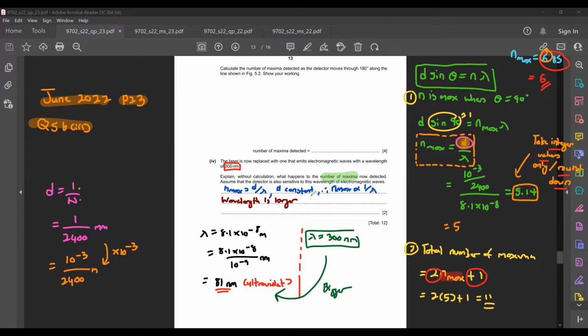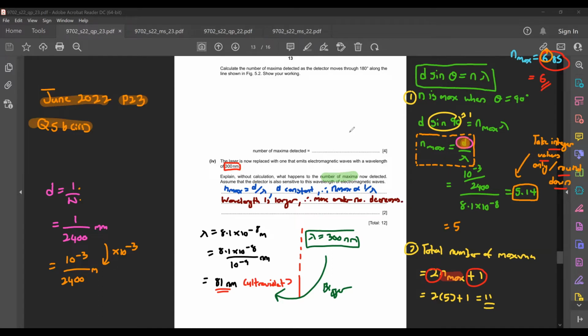The wavelength is larger, therefore max order number decreases. Okay, so if my max order number decreases, how would this then affect my number of maxima?